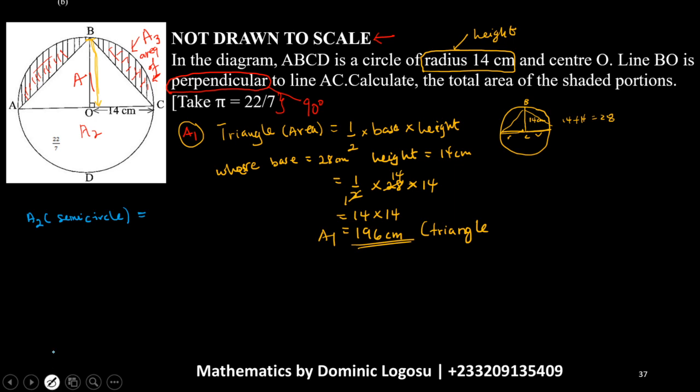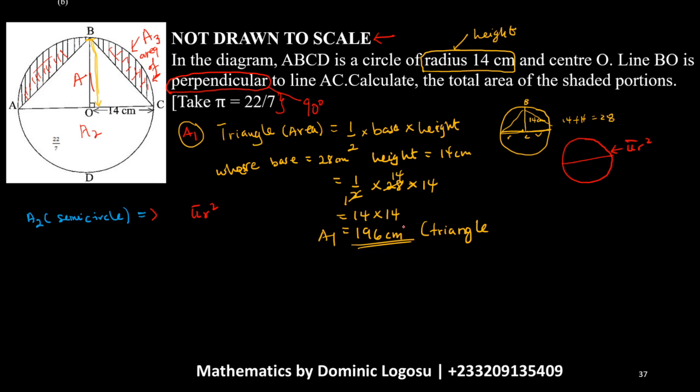Good. The formula for finding a circle, so let's apply this. The formula for finding a circle is pi r squared. Now, if I should explain further, this is a circle. And it is what? The full thing is pi r squared. If I divide this into 2, dividing into 2 means it's a semicircle.